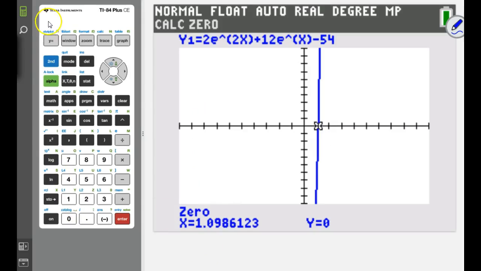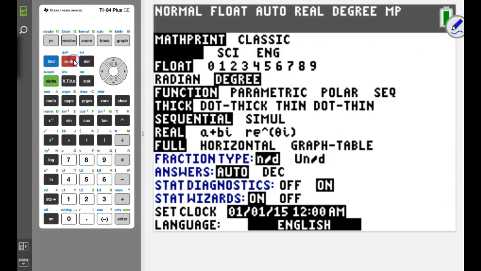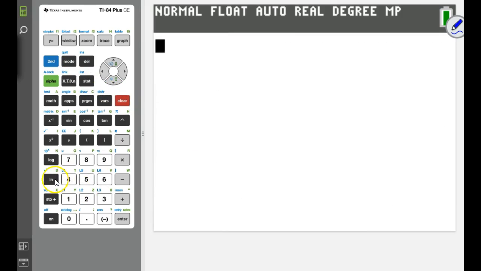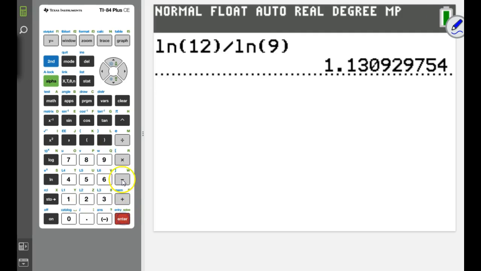So we have ln of, what was it, guys? Close parenthesis divided by log of 9. And then eventually we're going to need to divide that by 2.